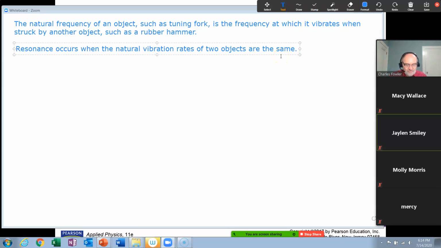Now, 16.6 is talking about simple harmonic motion, and that is actually the first definition they have. What in the world do we mean by simple harmonic motion?